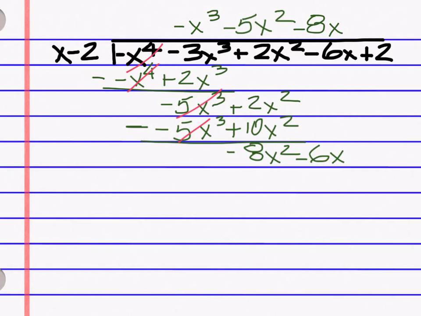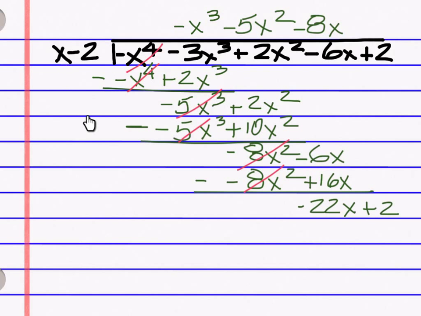So negative 8x times x is negative 8x squared. And when I multiply this times this, I get what? 16x. If I subtract, these are gone. And what's negative 6x minus 16x? Negative 22x. Drop down the 2.